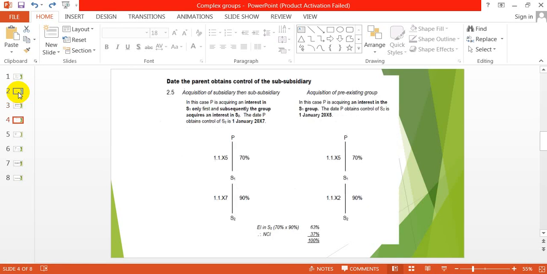So let's look at the following illustrations. In the first illustration, the parent P acquired S1 on 1st January X5. Then later on 1st January X7, S1 acquired S2.